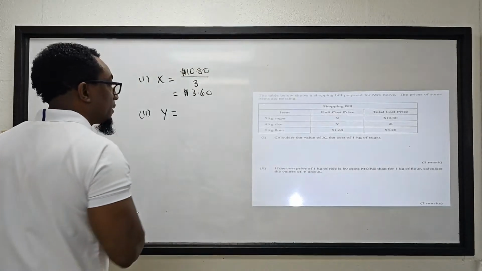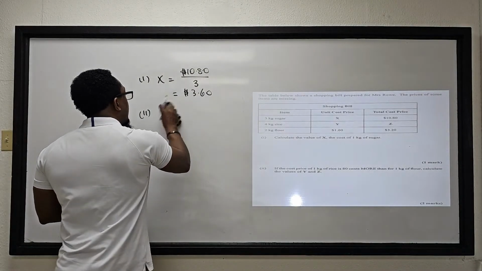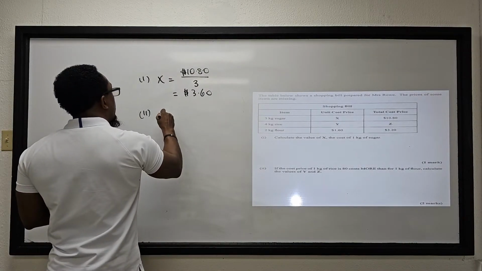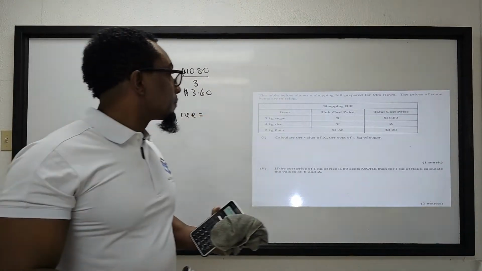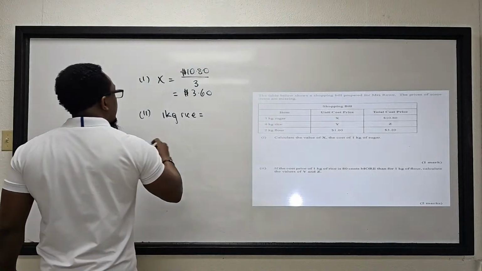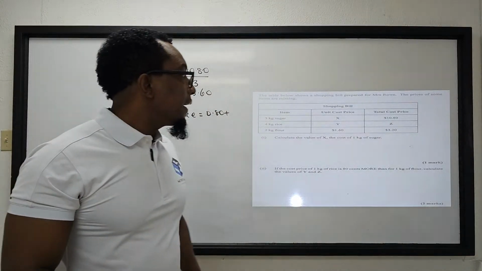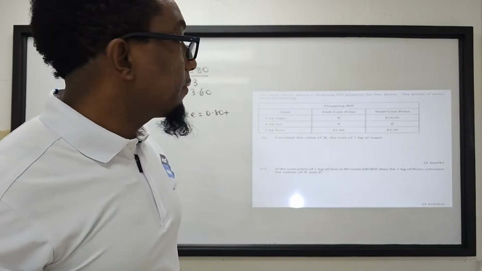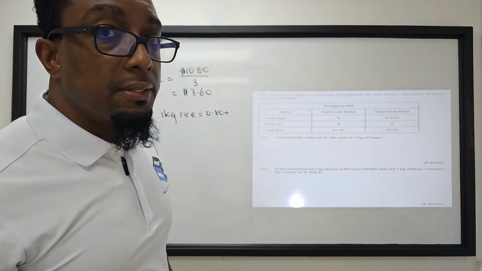So we know that, and I'll start by writing here, to find Y, 1 kilogram of rice, which is Y, is 80 cents more than 1 kilogram of flour. 1 kilogram of flour, which is a unit cost price, is $1.60.